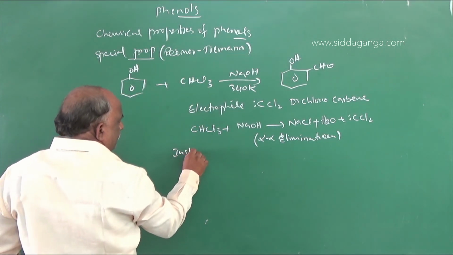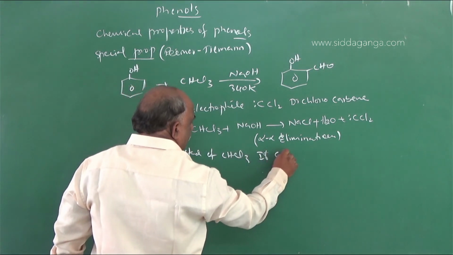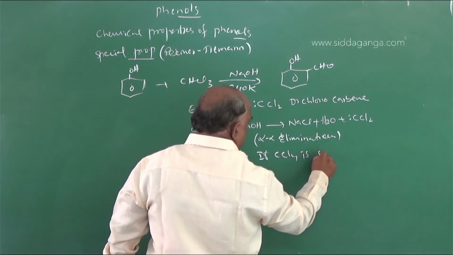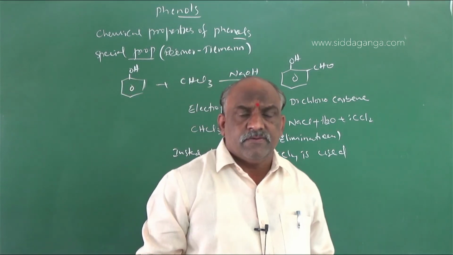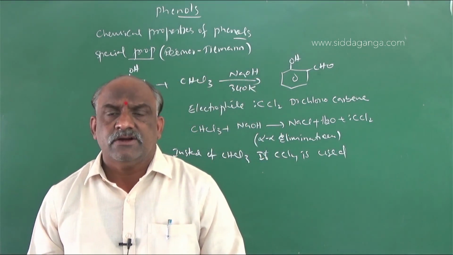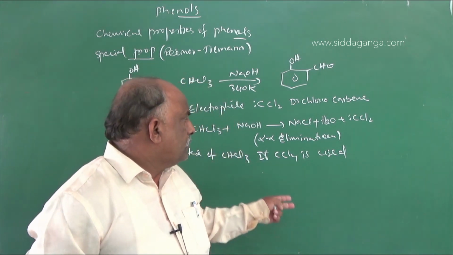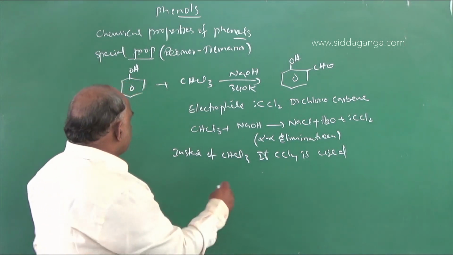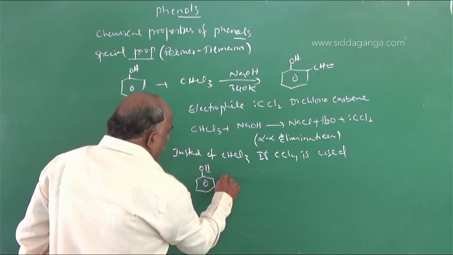Instead of CHCl3, if CCl4 is used, this is very important. CHCl3 is called chloroform. Instead of chloroform, if you use carbon tetrachloride, then what will be the answer?